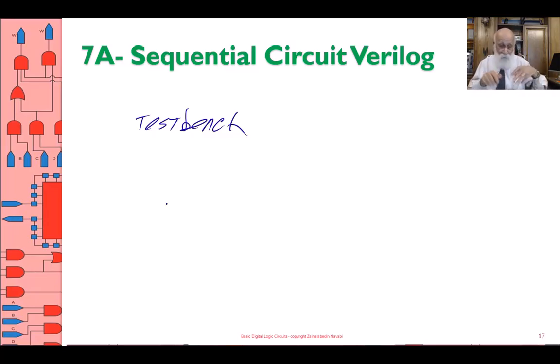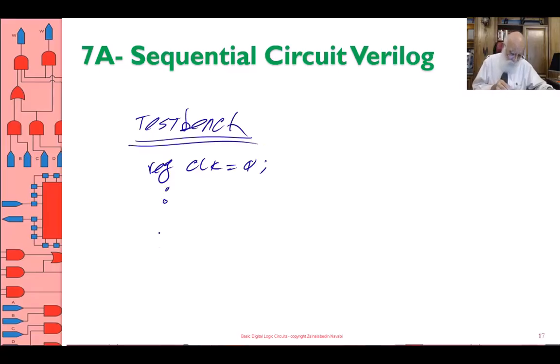You put values, you get times and all that, but when you declare your clock, make sure you declare it with an initial value, and then somewhere down the line you use this always.